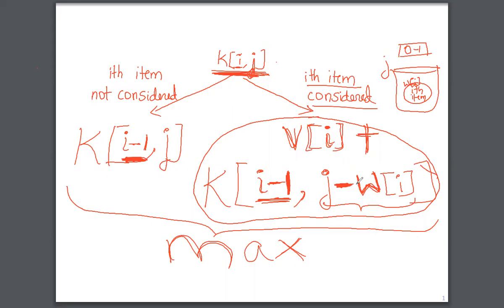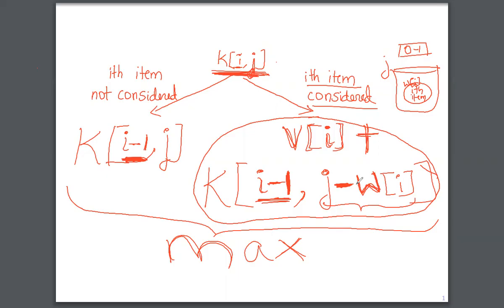Here also, with I comma J, you are dealing with the ith item, your last item. There are only two possibilities: either you add it to the knapsack or you don't. If you don't add it, it's an easy problem. If you add it, take the value of it, reduce the capacity by W of I, and recursively compute this.